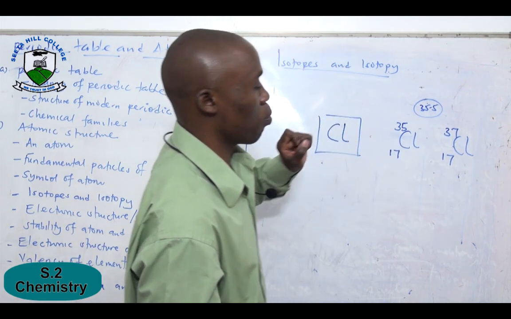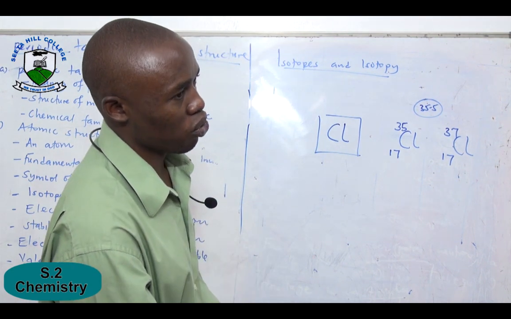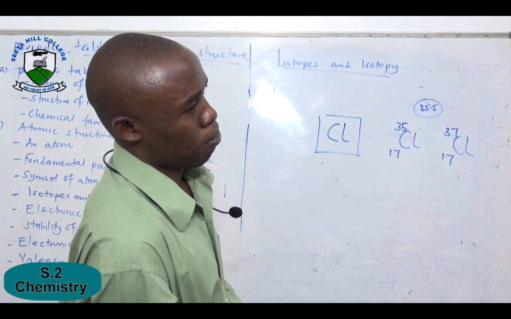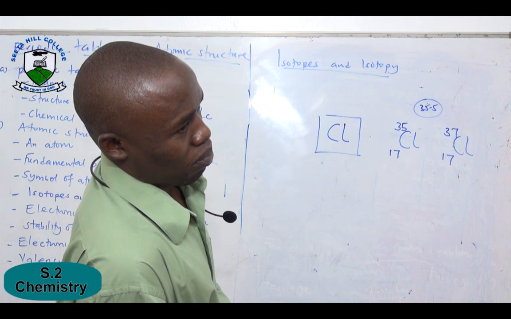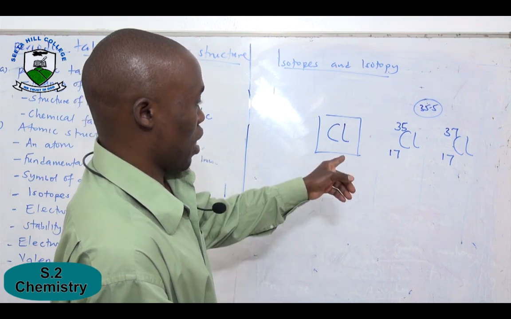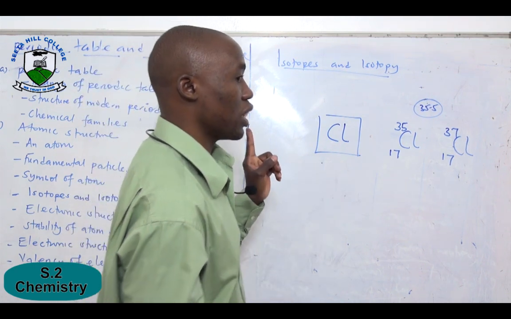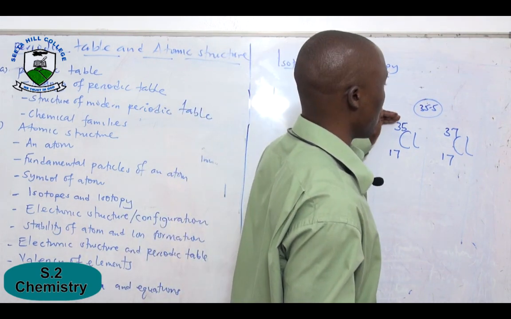Remember, we said to place an element in the periodic table, we use which number? The atomic number. That means the atomic number cannot change, but the mass number can.